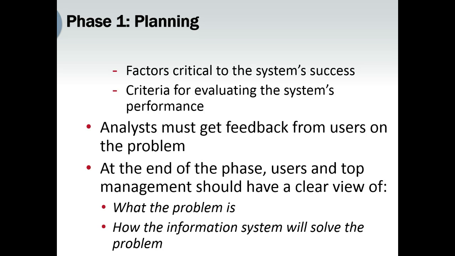They have to answer 4 different W's: why this system is being designed, who the users are, when the system needs to be operational, and what kind of capability it needs to have. At the end of this phase, the users and top management should have a clear view of what the problem is and how this information system will solve that problem.